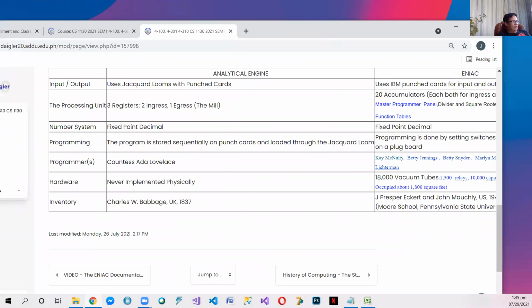It's fixed point decimal. It's not a stored program computer.